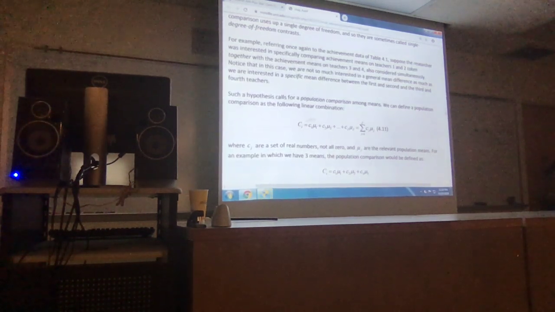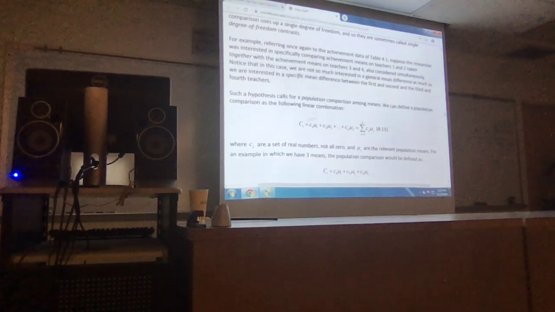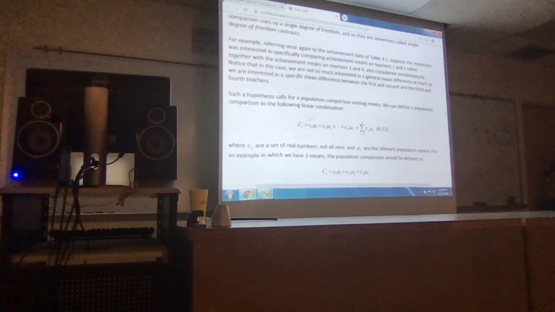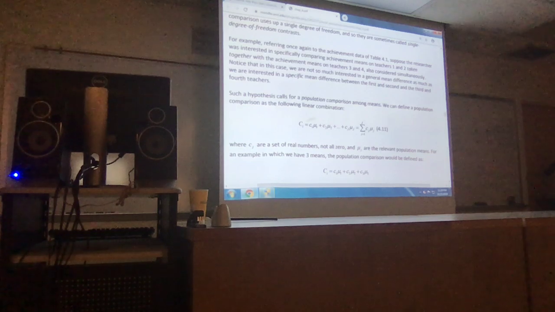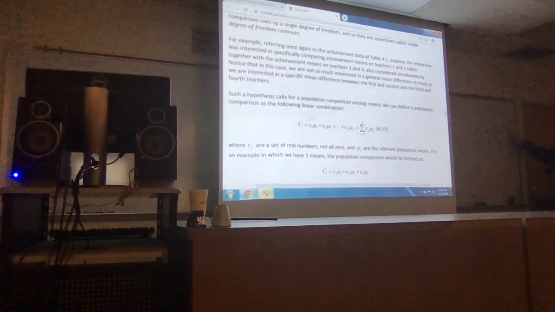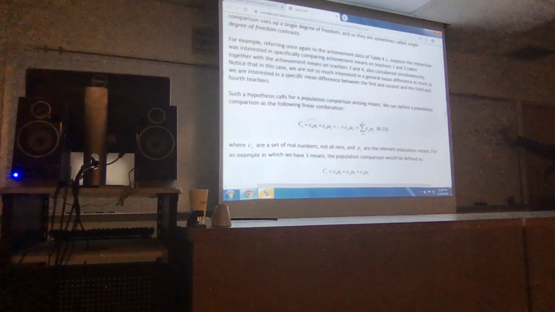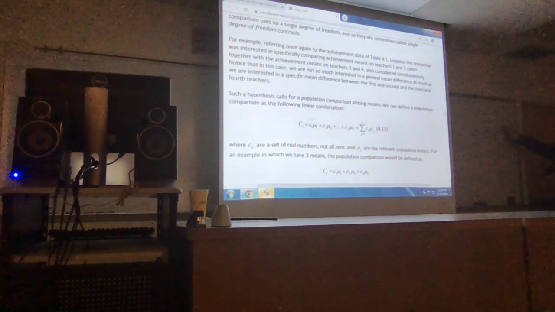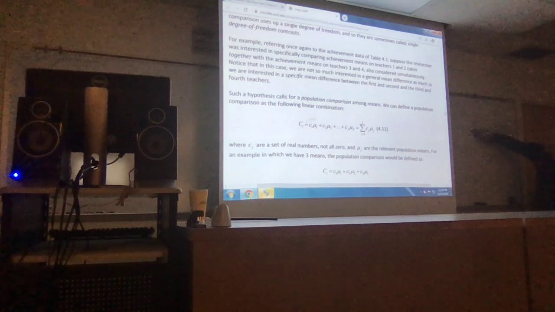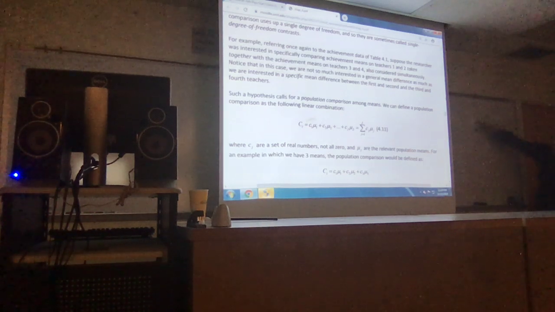So you reject it, you don't know if it's false or not, you have a risk of a type 1 error. If I make this comparison, say I'm going to compare 3 to 4, I have a risk of a type 1 error rate, maybe 0.05. Even though I have a lot of means here, I'm only making this comparison.